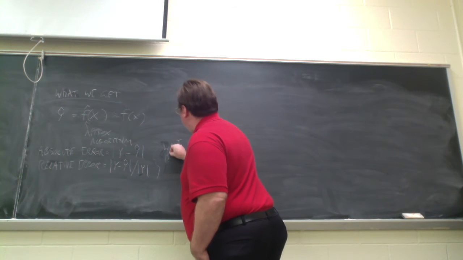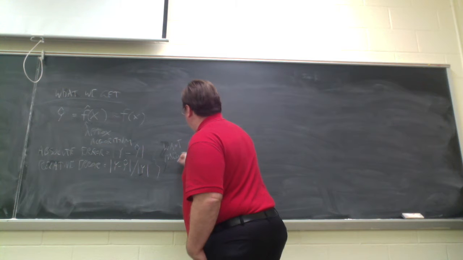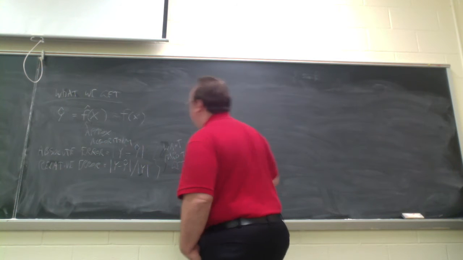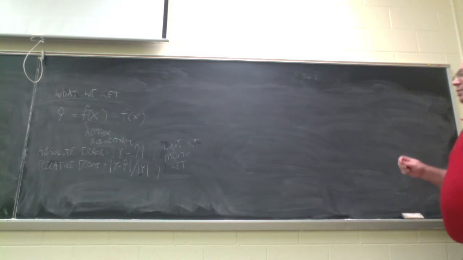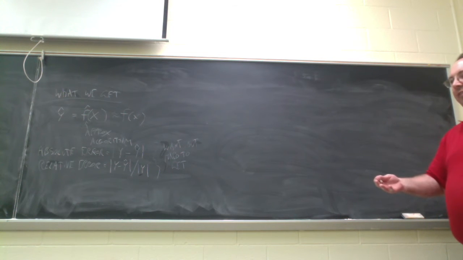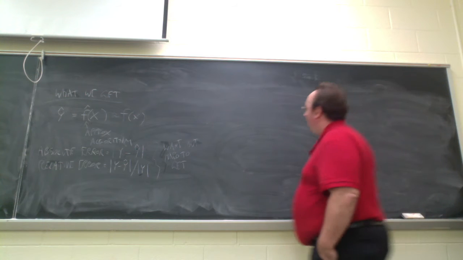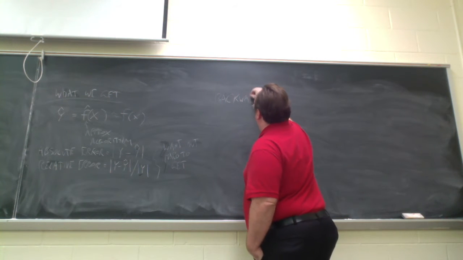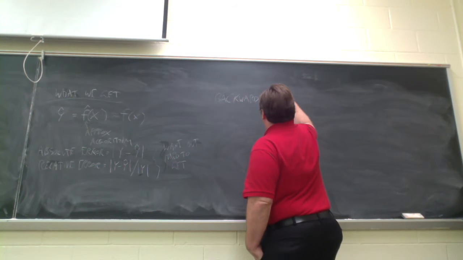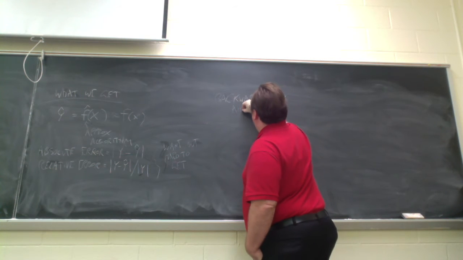Unfortunately, this can be very difficult to do. So it can often be easier to estimate the error in a roundabout way, and that's what I'm going to talk about here, using a concept called backward error analysis.